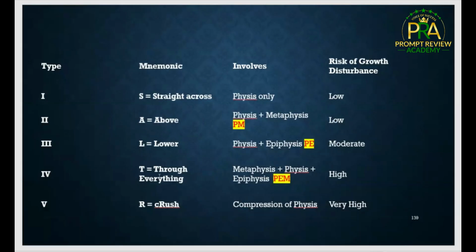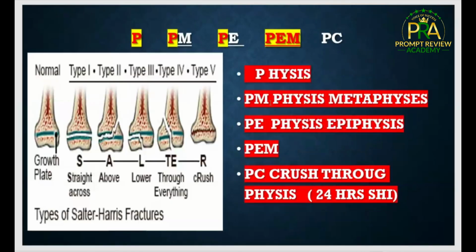Then if the fracture occurs through everything, that will be metaphysis plus physis plus epiphysis. Just remember my mnemonics. PM is like morning shift, PE is like evening shift, PEM is like working 16 hours, evening shift and morning shift.